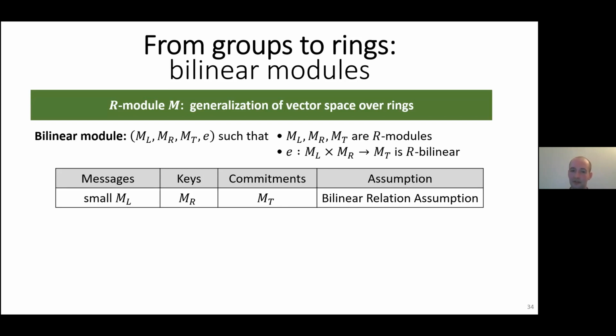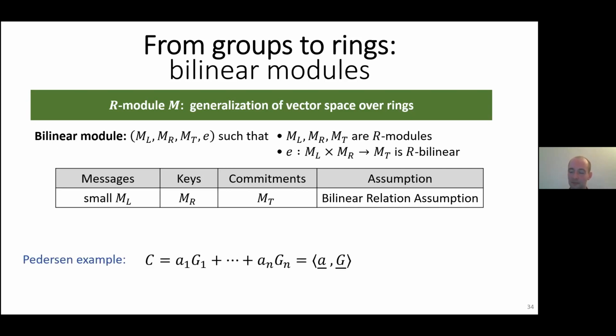So you can think of messages for a Pedersen commitment scheme as small left module elements, and the keys of a Pedersen commitment scheme as random right module elements, with Pedersen commitments living in the target module MT. And as an analog of the discrete logarithm assumption, we've got this bilinear relation assumption.